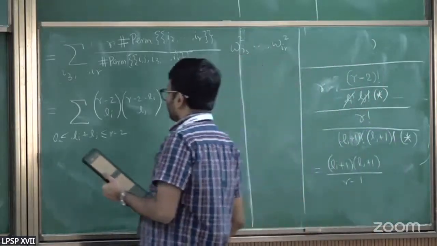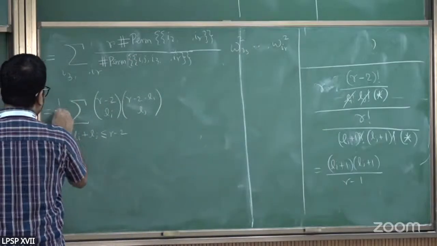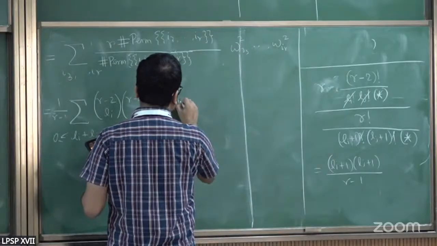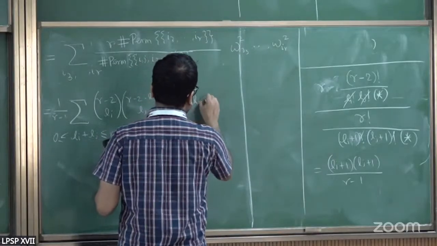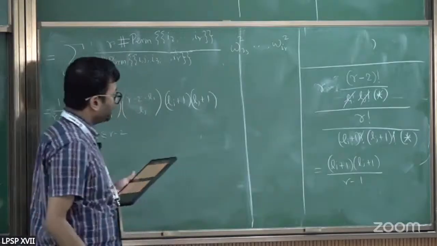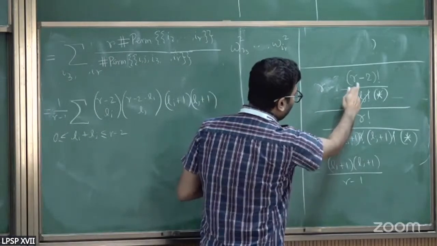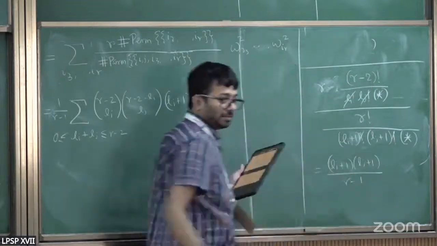The R cancels with this, and R minus 2 factorial gives you R minus 1.